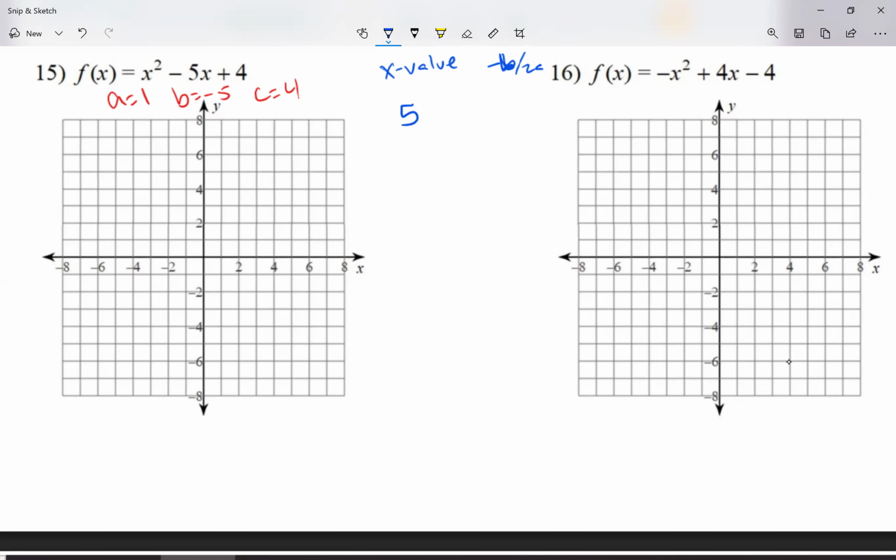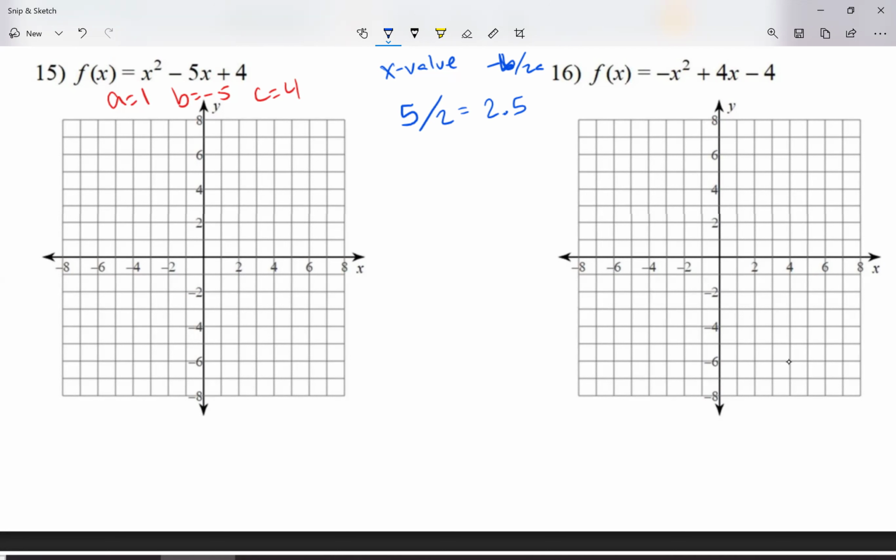That's going to be +5 divided by 2 times A, so 2. My X value is going to be 2.5. That's fine. We can deal with decimals. 2.5 is right in between 2 and 3, right in the middle.